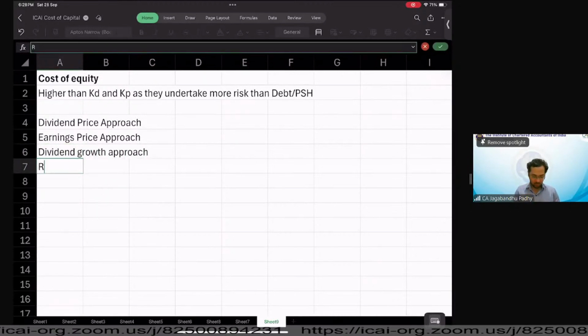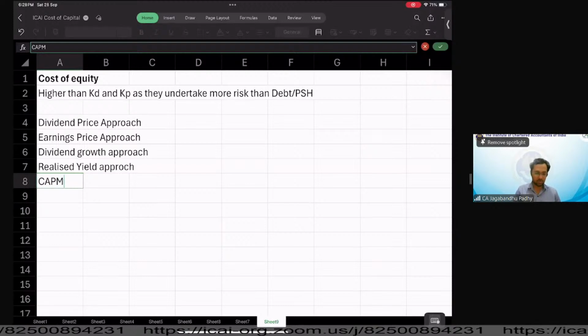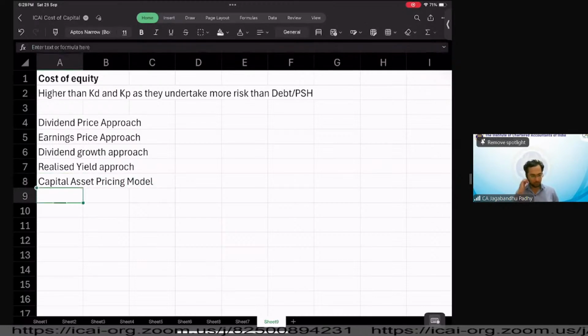Then we have something called as realized yield approach. And the last, which is called as CAPM or capital asset pricing model. Okay. So we have dividend price approach, earnings price approach, growth approach, realized yield approach, and capital asset pricing model.